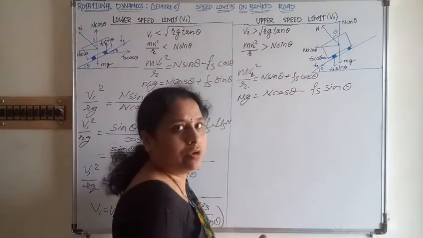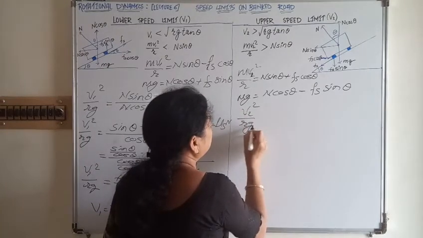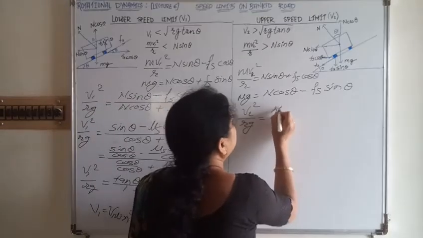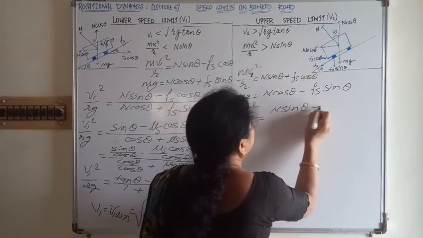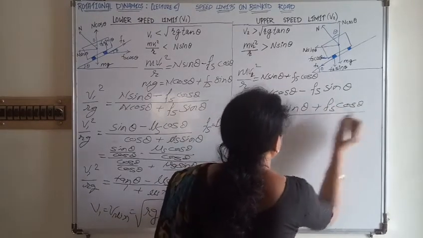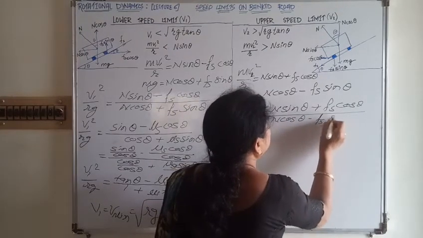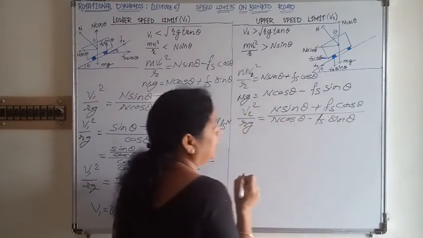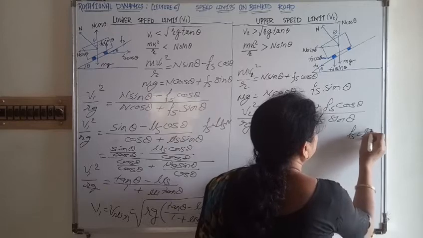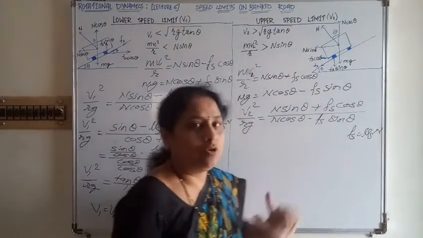Again I divide these two equations. I get v2 square upon rg is equal to N sin theta plus Fs cos theta upon N cos theta minus Fs sin theta. Again I put the value of Fs here. Fs is equal to mu s into N, coefficient of static friction into normal reaction.